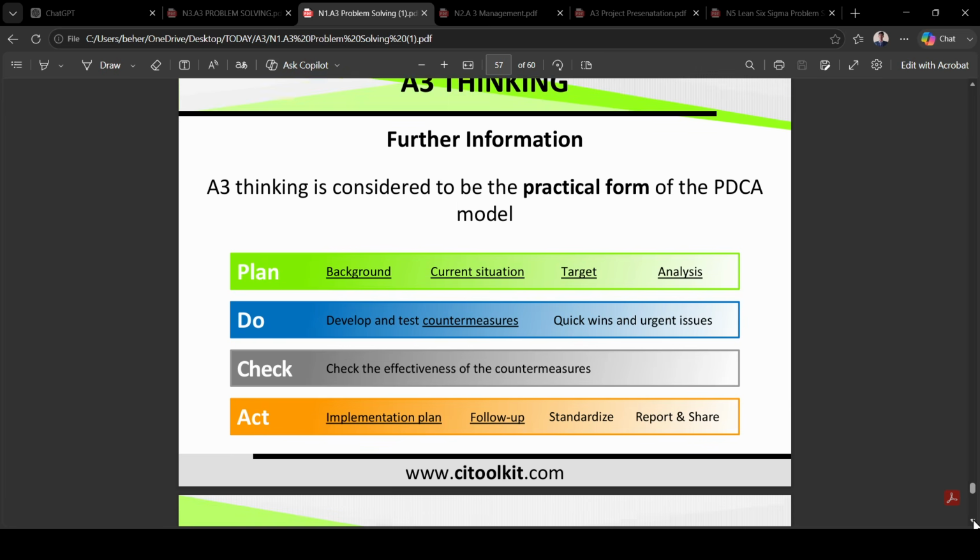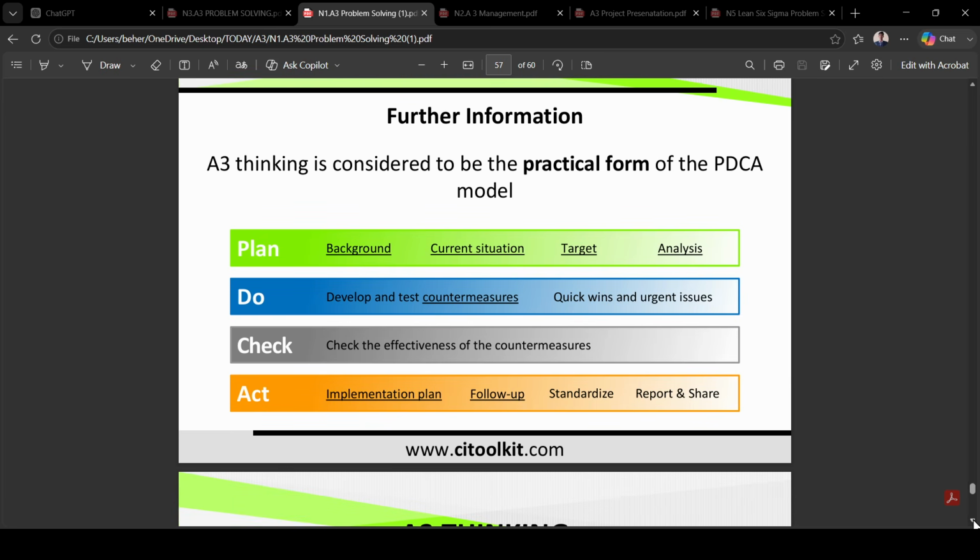Further information: A3 thinking is considered to be a practical form of the scientific method, the plan, do, check, act model. Plan: background, current situation, target, analysis. Do: develop and test countermeasures, quick wins and urgent issues. Check the effectiveness of the countermeasures.